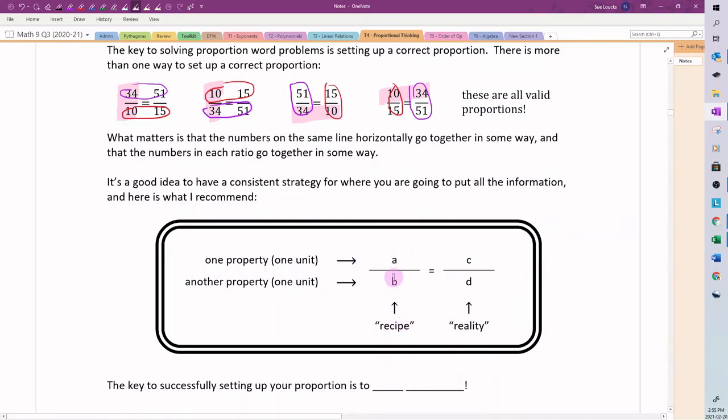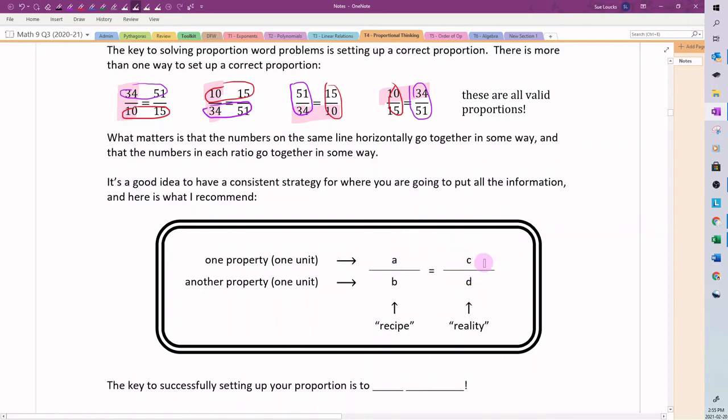This is the original drawing, or the original recipe, or the scale that you're given. The reality is what's happening in the real world. So maybe the recipe is for soup, and the reality is how much soup you are actually making if you're changing the recipe.